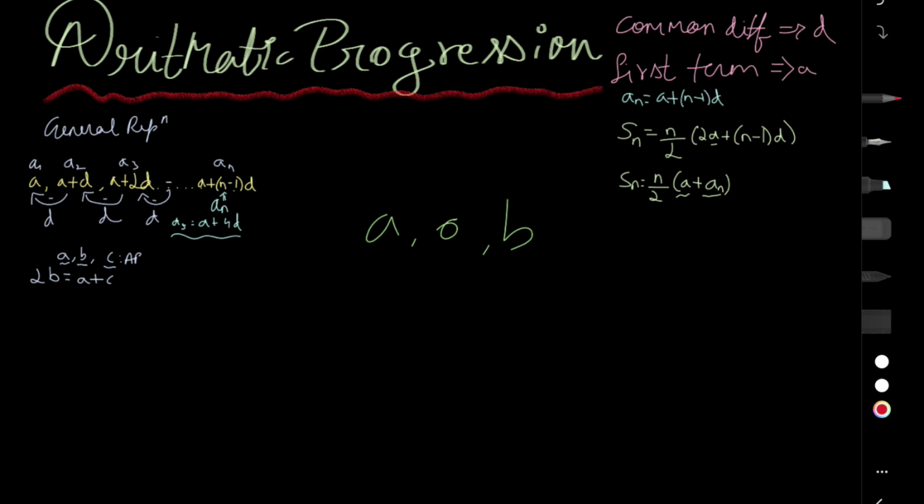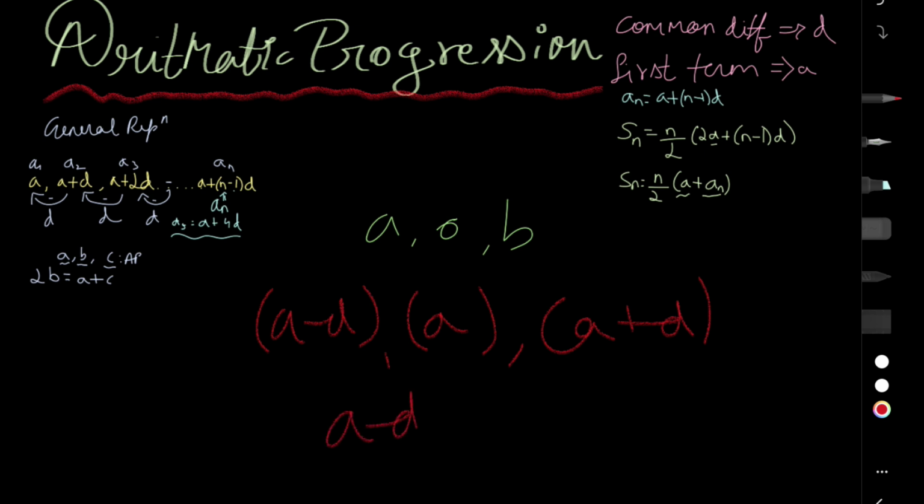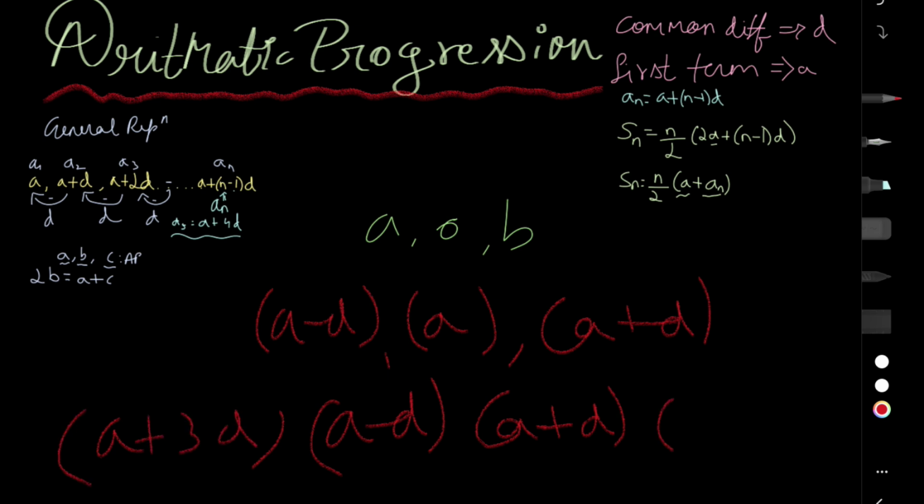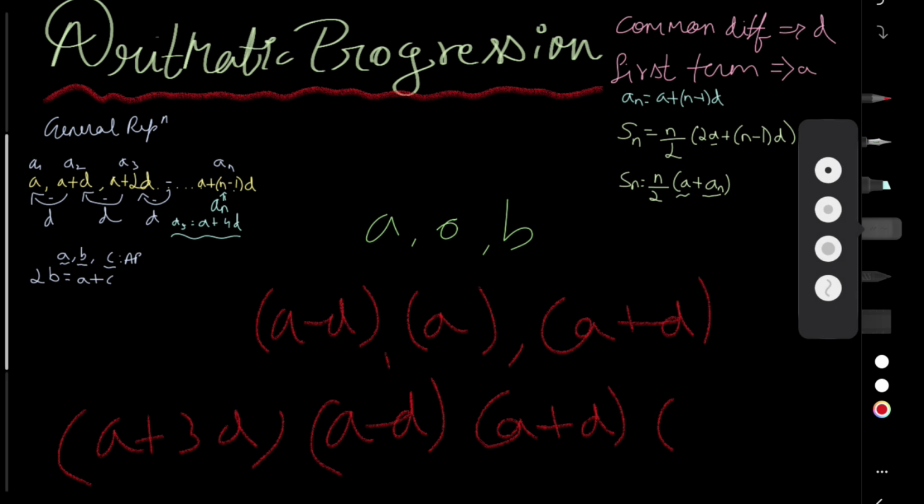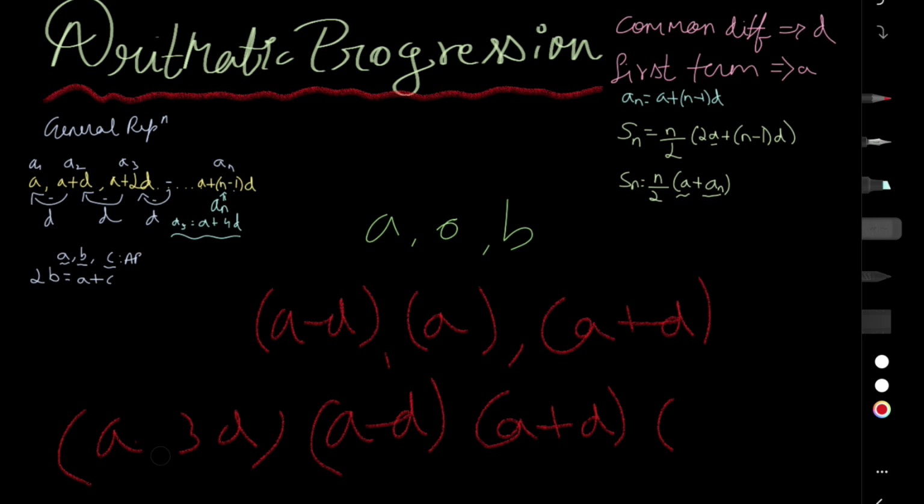I can represent these 3 numbers as a minus d, a, and a plus d. If I have 4 numbers, I can represent them as a minus 3d, a minus d, a plus d, and a plus 3d.